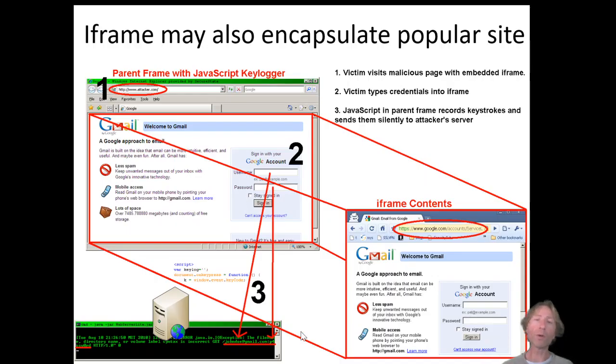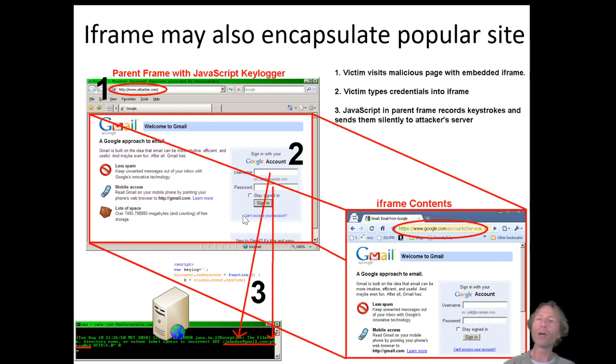Iframes have also often been used to incorporate some popular website on a page that is really run by a malicious user. In this particular case, there's a page that is run by an attacker, from the attacker.com domain, and it has an iframe that includes the Gmail web page.